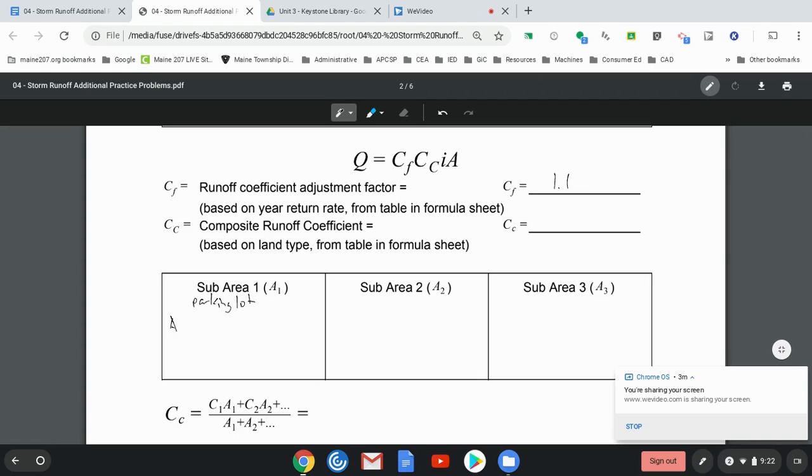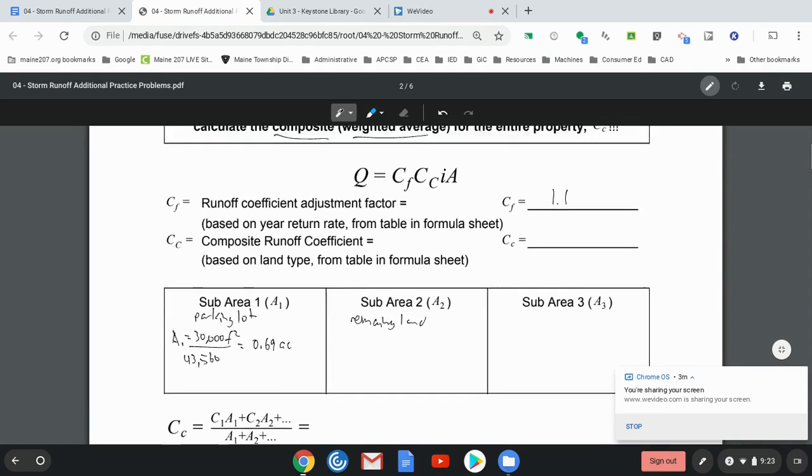A sub 1 is 30,000 square feet, but we have to divide that by 43,560 to convert it to acres, and you get approximately 0.69 acres. And then the remaining land, let's just double check.